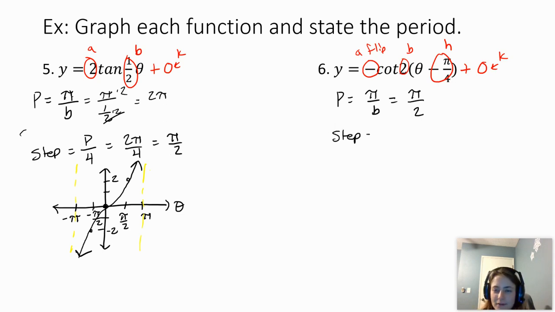And the step is the period divided by 4. So pi over 2 divided by 4. We can multiply by 2 top and bottom. So we get pi over 4 times 2 is 8.